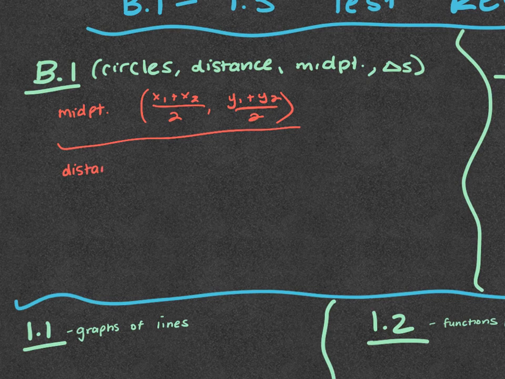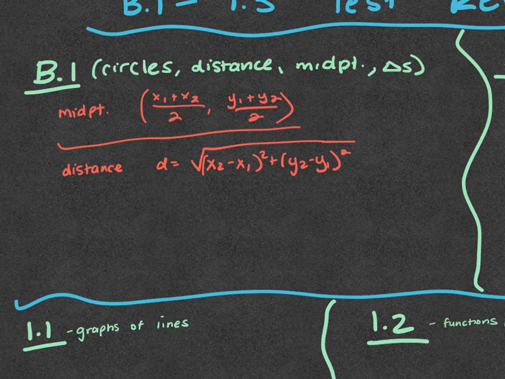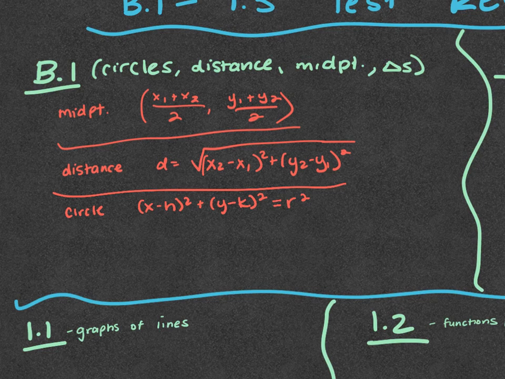Distance, square root of (x2 minus x1) squared plus (y2 minus y1) squared. The equation for a circle, standard equation, (x minus h) squared plus (y minus k) squared equals r squared.